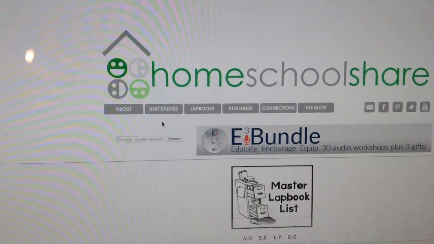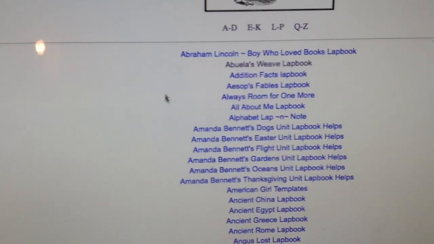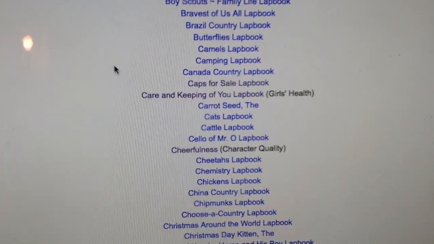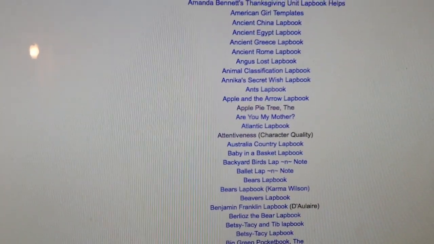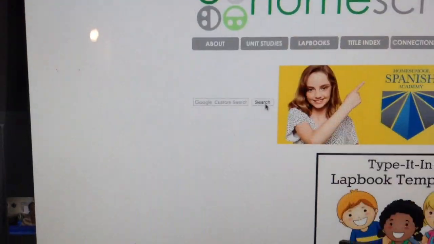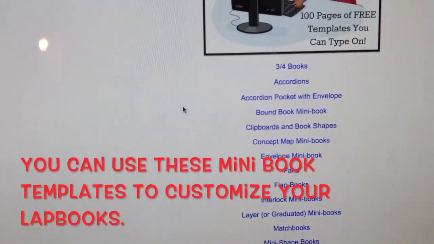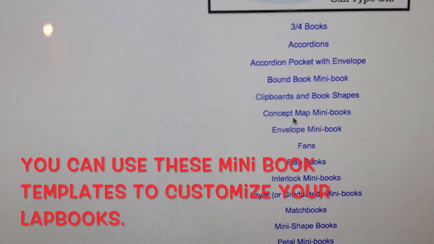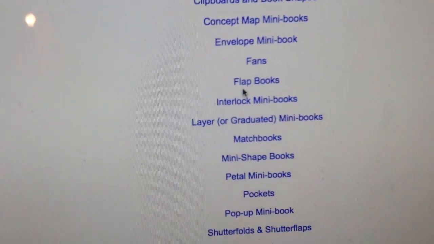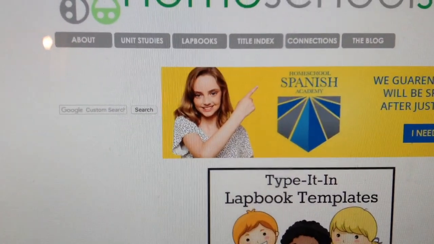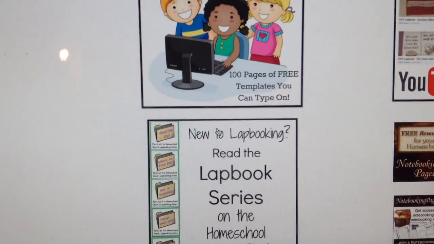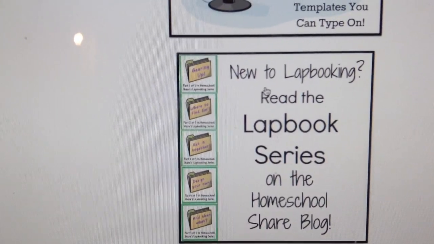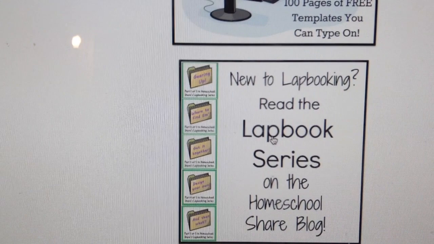So over here you have your master lab booking list, and these are the books that are on the list here, as well as you can create a template for your lab books, and these are all of the different types of templates that you can use to create your lab book. And they also give some helpful tips for people who are new to lab booking.